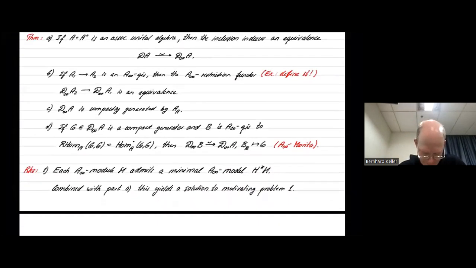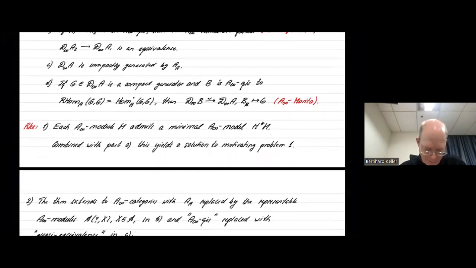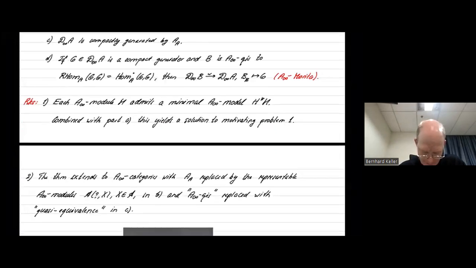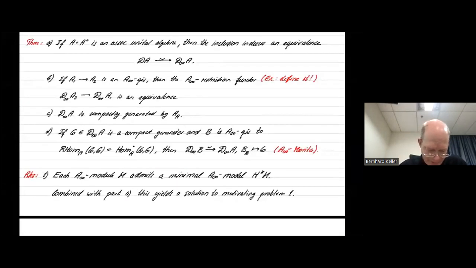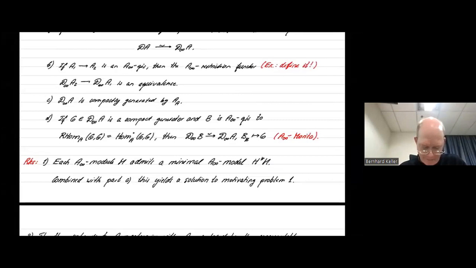Then this theorem on the derived category also extends from A infinity algebras to A infinity categories. We just have to replace the single compact generator A by the family of compact generators given by the representable A infinity modules, and we have to replace A infinity quasi-isomorphism in this statement by A infinity quasi-equivalence between the corresponding categories.